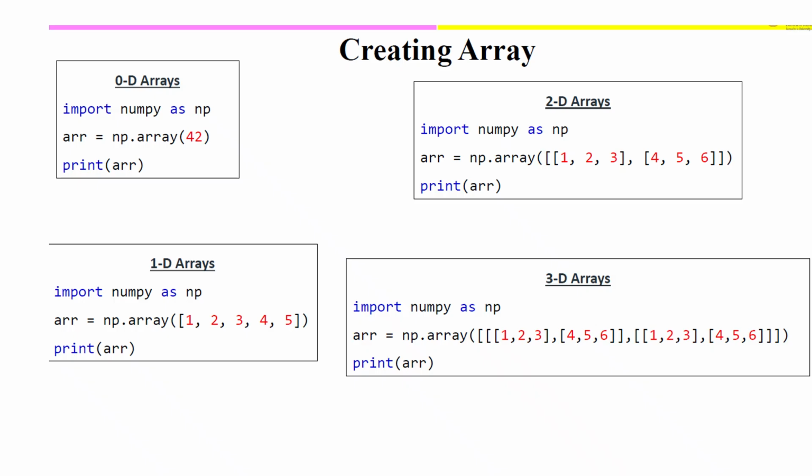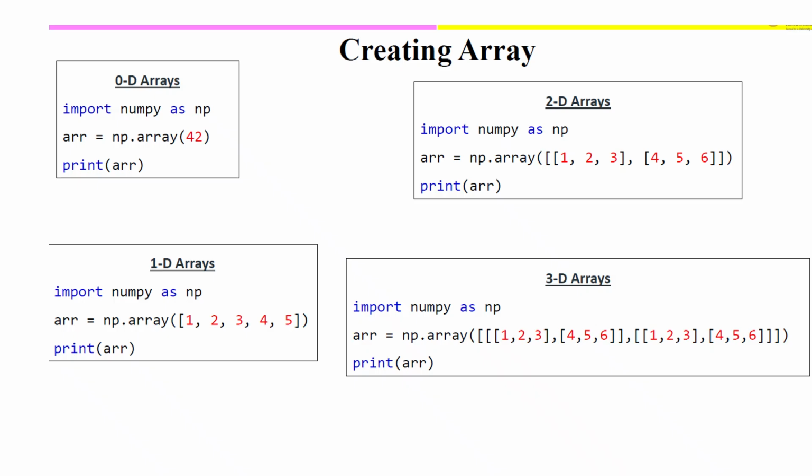Here the variable name is arr, and we have the syntax print, no semicolons, nothing is needed. Simply we create a scalar array with the single number 42. The output will be a scalar array which has no dimension, no length, it's just one value.